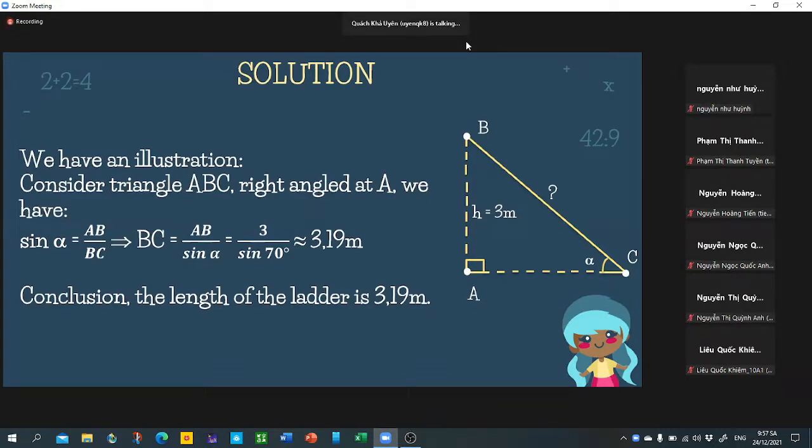Consider triangle ABC, right angled at A. We have sin alpha equal AB over BC, so we have BC equal AB over sin alpha equal 3 over sin 70 degrees, approximately 3.19 meters. Conclusion: the length of the ladder is 3.19 meters.